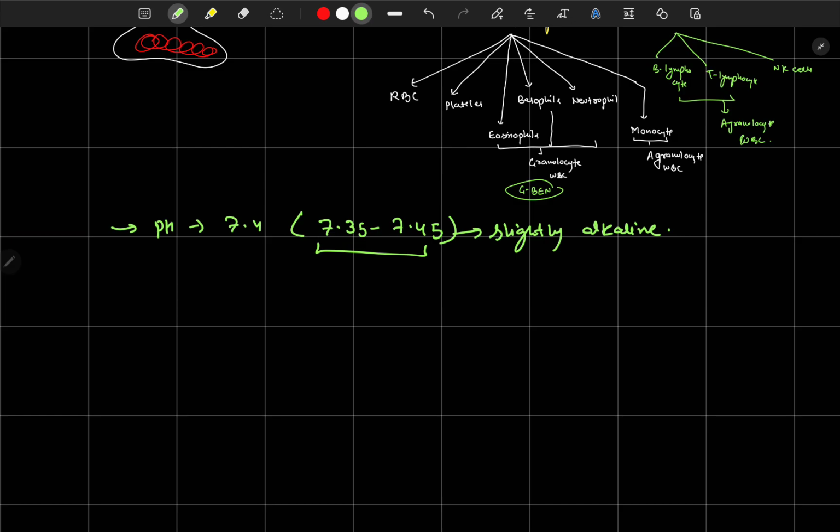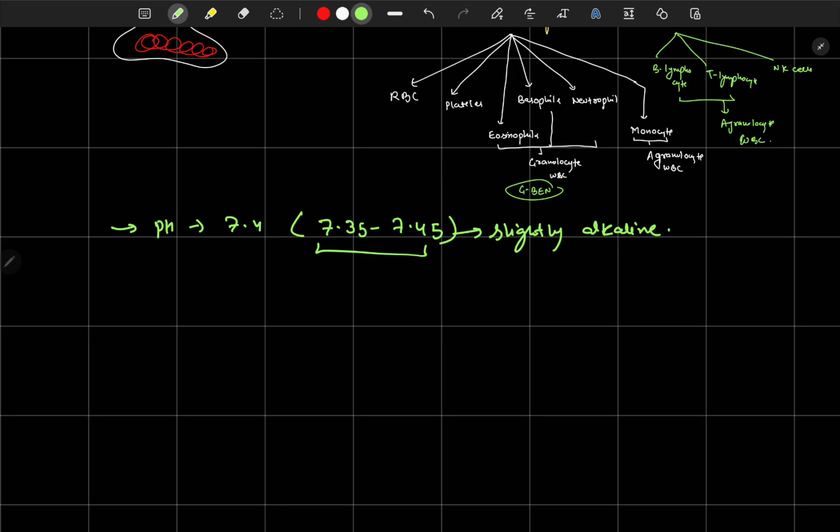It is very important to keep this pH in this narrow range because all our enzymes of the blood and tissues act at a specific pH. Whenever the pH of the body changes, the functioning of those enzymes reduces drastically. So body functioning is inhibited and people may get into a diseased state.